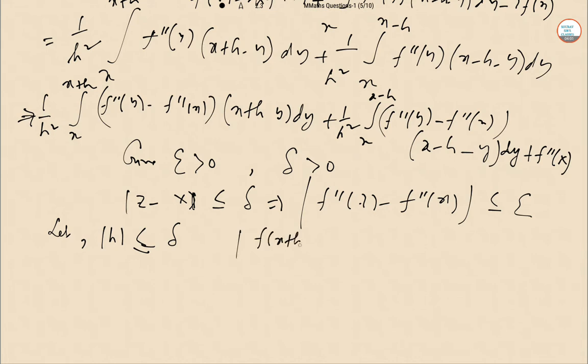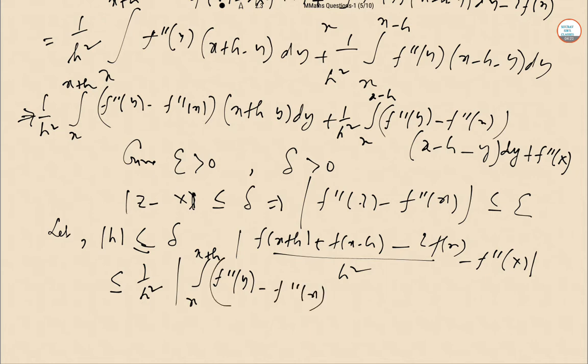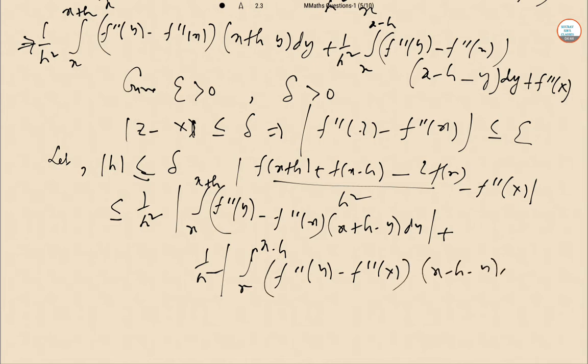Then |[f(x+h) + f(x-h) - 2f(x)]/h² - f''(x)| is at most 1 by h squared times the integral from x to x+h of |f''(y) - f''(x)|(x+h-y) dy, plus 1 by h squared times the integral from x to x-h of |f''(y) - f''(x)|(x-h-y) dy.